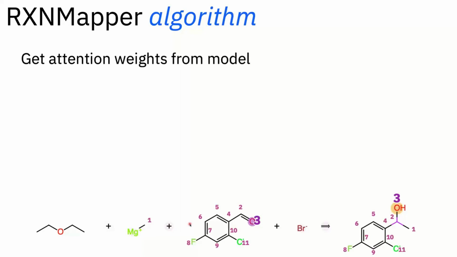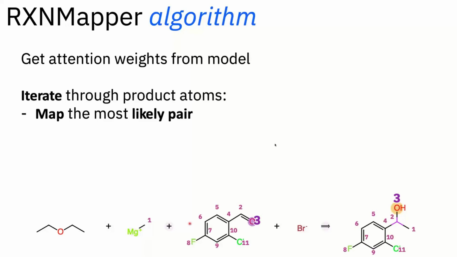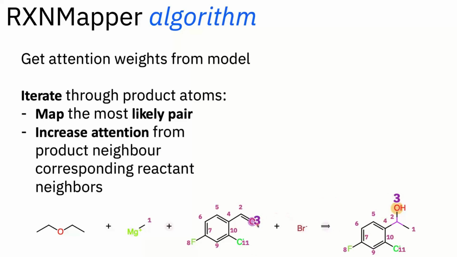And the algorithm goes the following: we get the attention weights from the model, from this specific head that we selected. We iterate through the product atoms, map the most likely pair, which could be number 3 here to number 3 here, and then increase the attention from neighboring atoms in the products to neighboring atoms in the reactants, as we know that they are likely to be also neighbors.